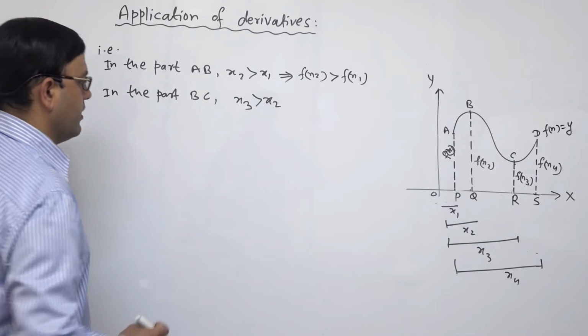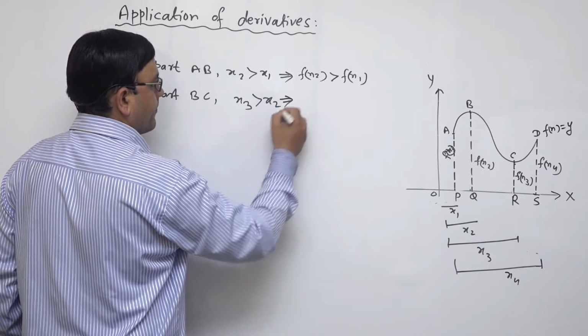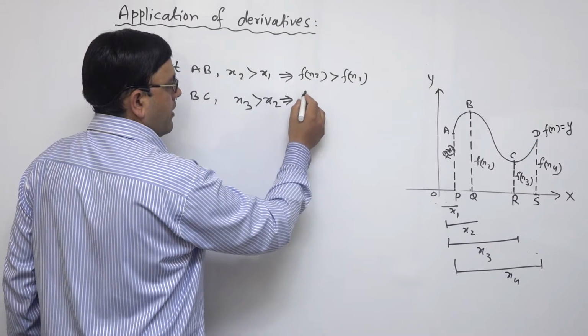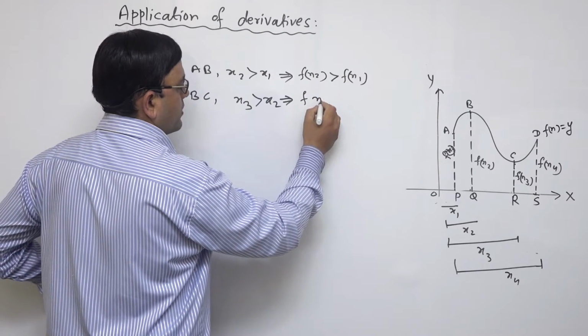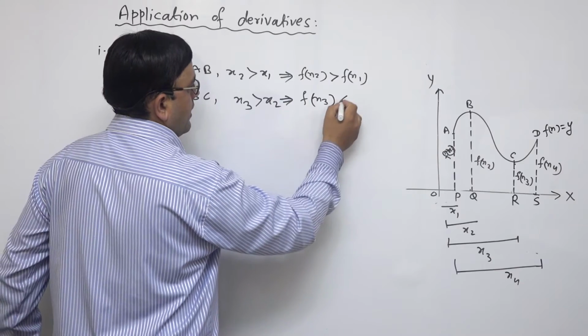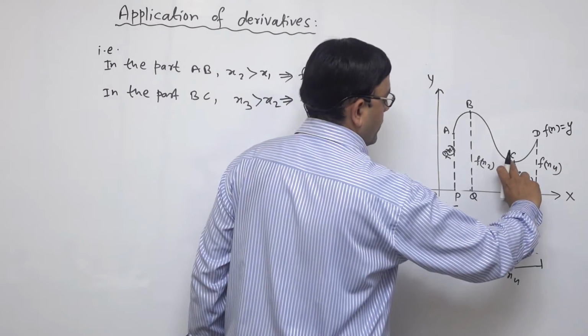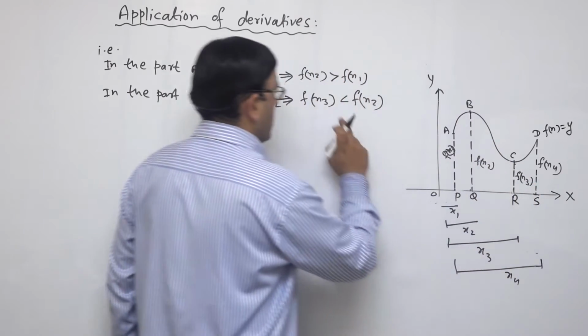So x3 greater than x2 implies f(x3) is less than f(x2). f(x3) is smaller than f(x2).